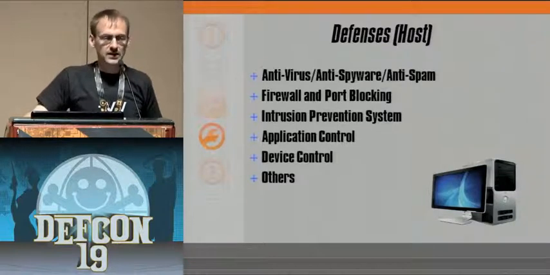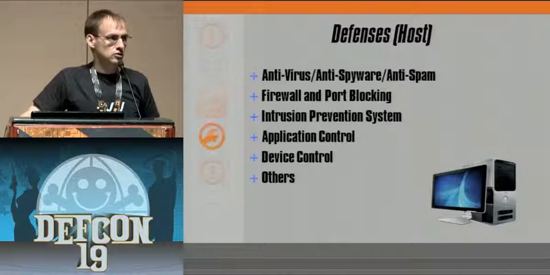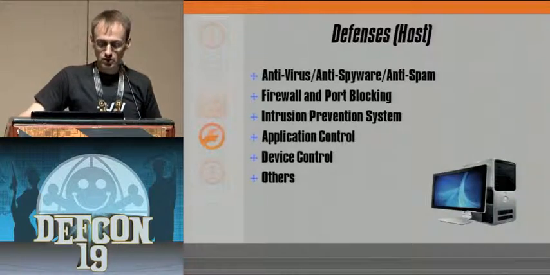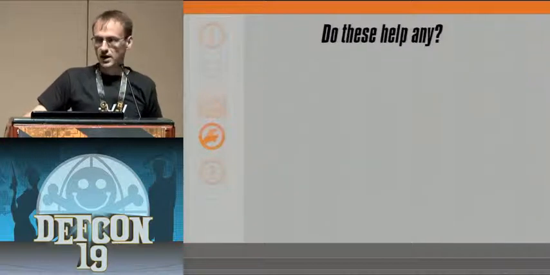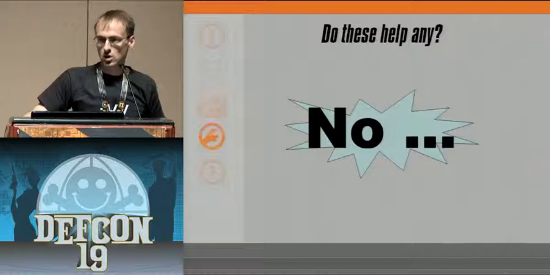So while it can limit your exposure a little bit, it's just not a good choice, and you really ultimately don't know what you're going to break when you start implementing this sort of thing. And of course, the intrusion prevention system doesn't help you any, and application control, device control, and others aren't really relevant in this case. Okay. All right. So, do these help any? No, they do not help.